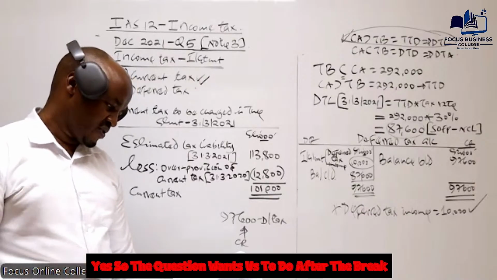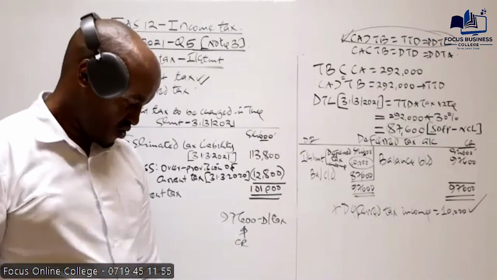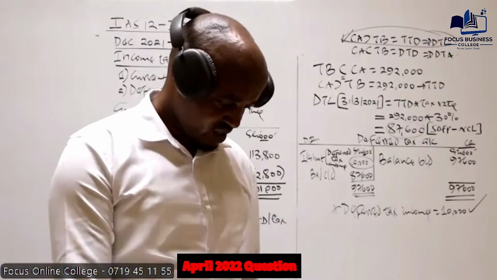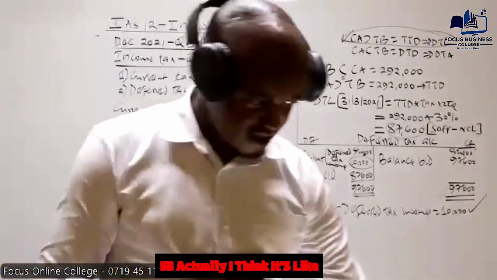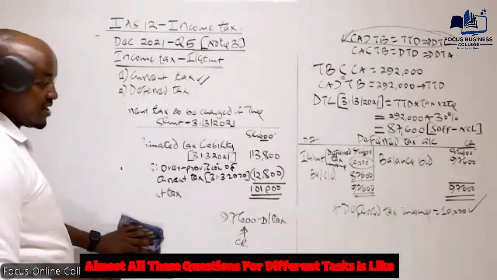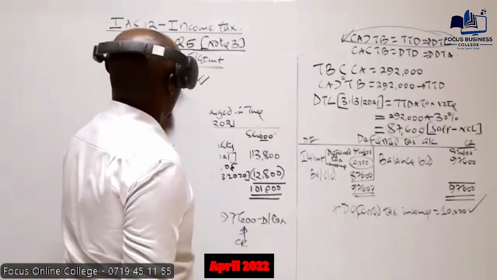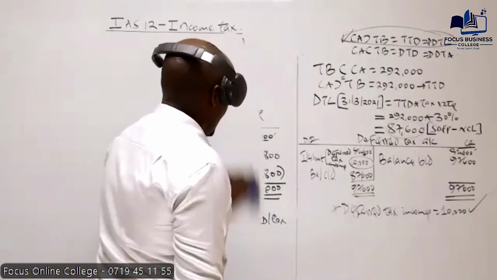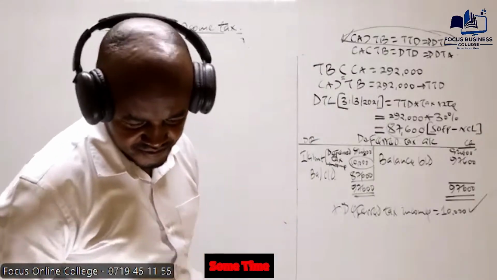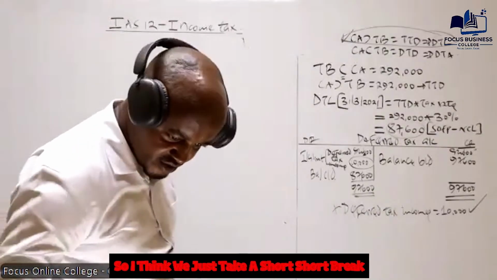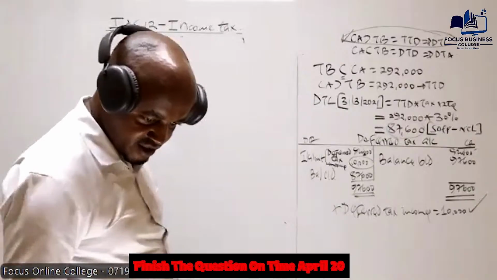Yes, so the question I want us to do after the break is the April 2022 question 5B. Almost all of these questions on the factors are in question number 5. Because that question will consume some time, we'll just take a short break and then come back, because I want us to finish the question on time.